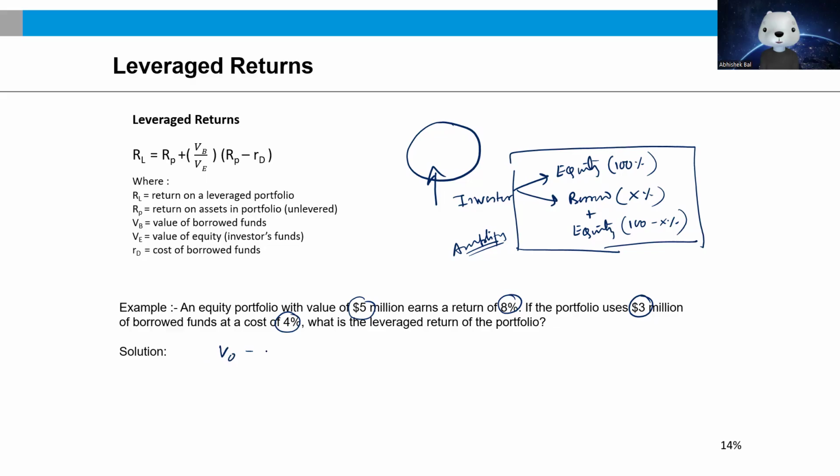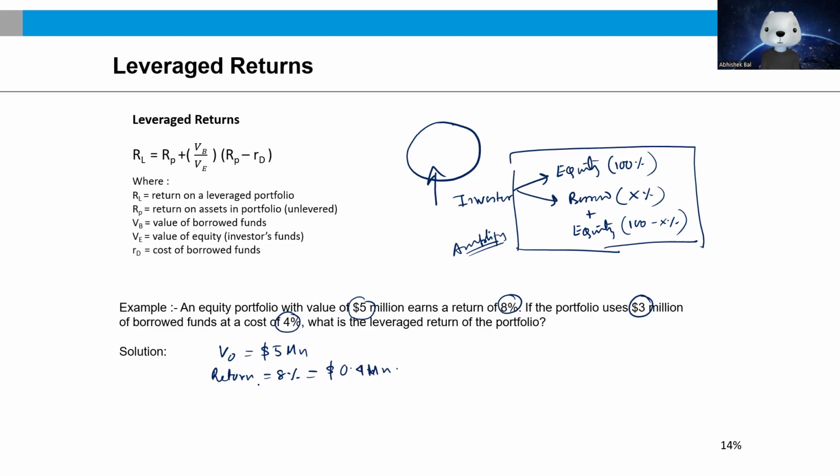So V0 has got a value of 5 million. If it earns a return of 8% in absolute terms, it would mean around 0.4 million it would earn on this portfolio.